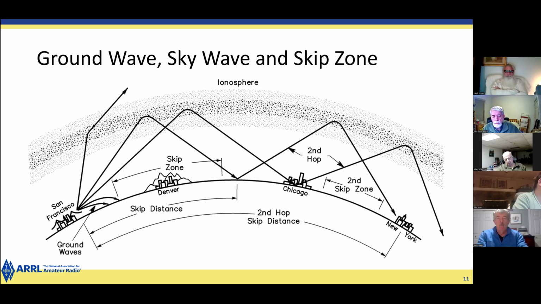And it turns out that salt water is actually a pretty good conductor, and so it's a pretty good reflector also of radio waves. But if the first skip distance comes down over land, that means that in the second skip zone, the signals will be much weaker than they are if they're reflected from salt water.